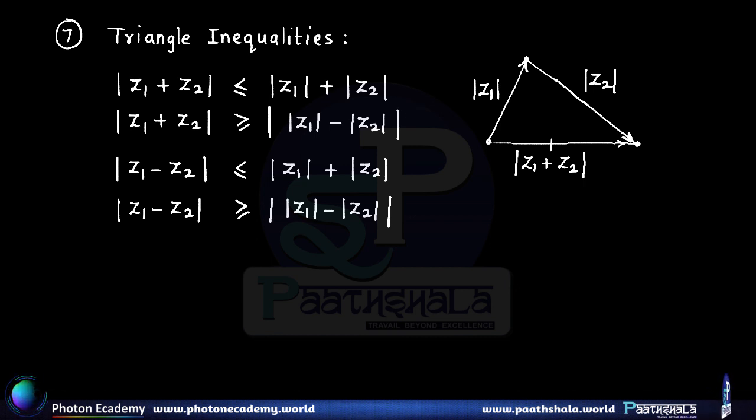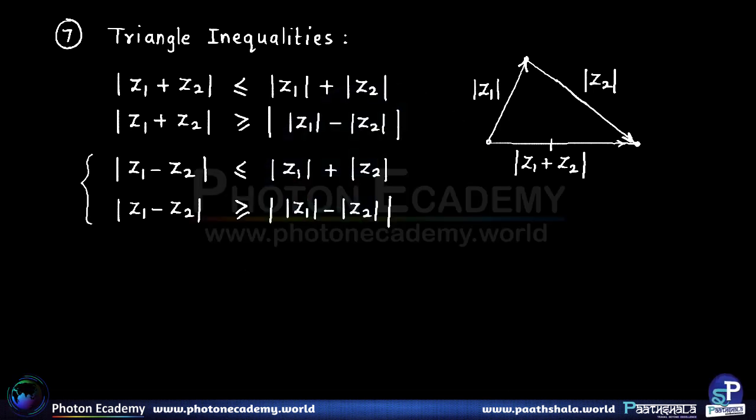Similar to addition of two complex numbers and taking the mod thereafter, we have the subtraction of two complex numbers, that is z1 minus z2, and then taking the modulus, and the right hand side remains the same as above. So these are the four important triangle inequalities.